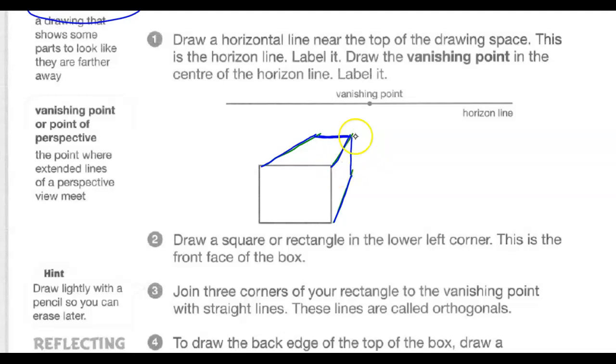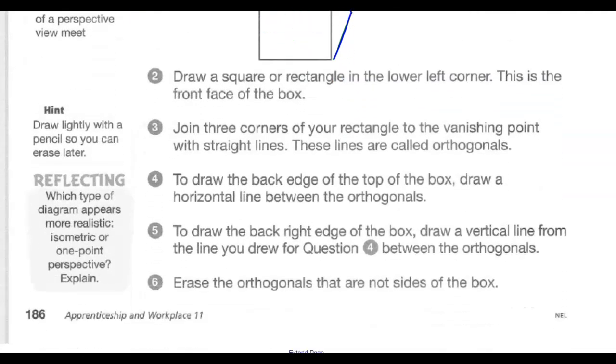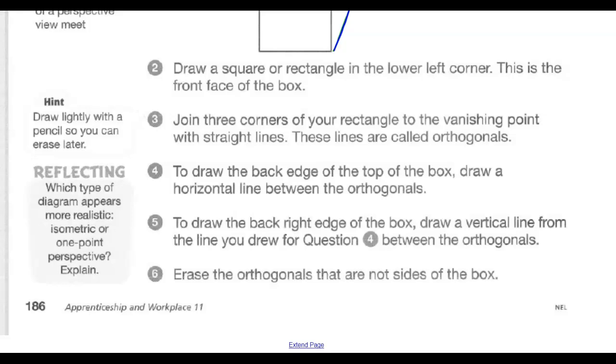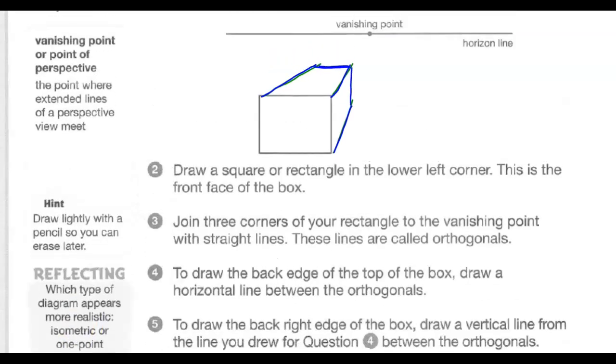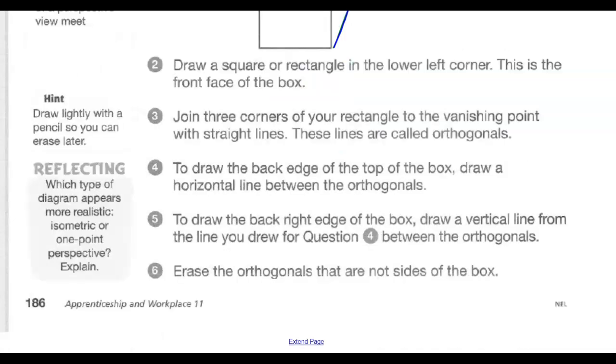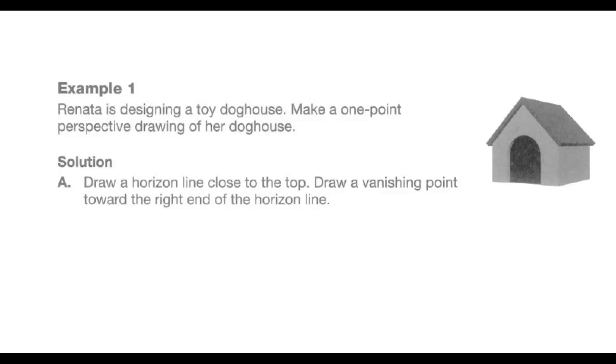But on paper, that's what it is. Okay. So it says here, which type of diagram appears more realistic, isometric or one-point perspective? Really is kind of up to you and how you visualize things. I think the isometric myself, but it's kind of a personal thing.